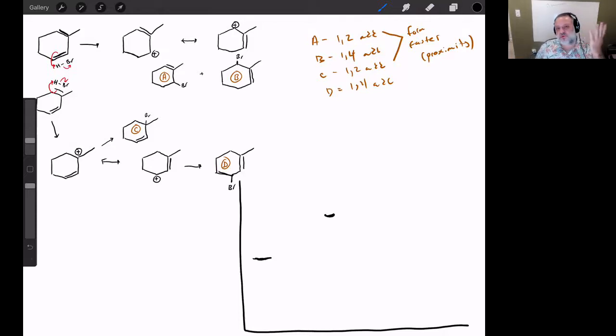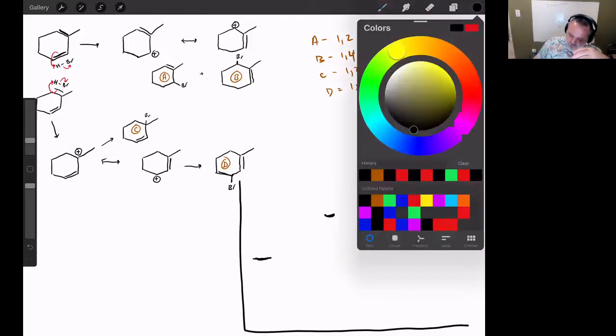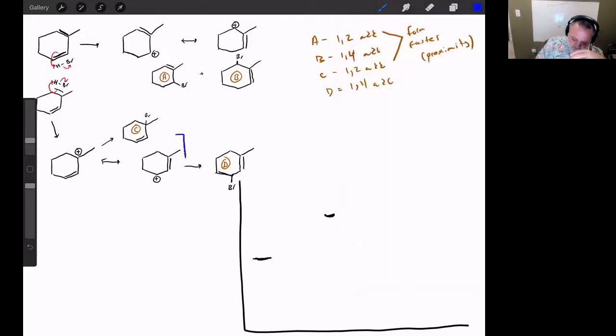Which one's lower in energy? The AB carbocation or the CD carbocation? And remember, the set of carbocations is represented by these resonance structures. Examine those resonance structures. Pause the video and see if you can sort out which one is lower energy, AB or CD. This one being the CD and this one being the AB.